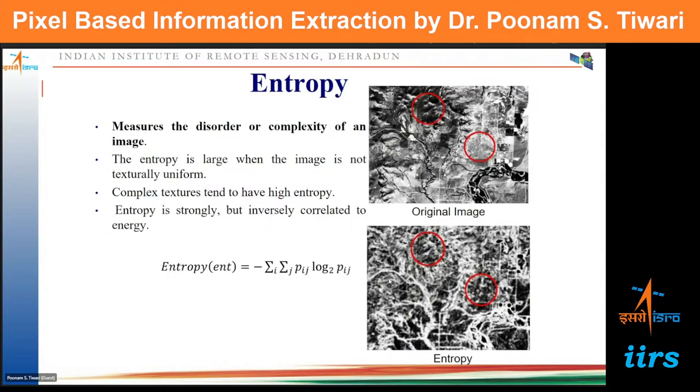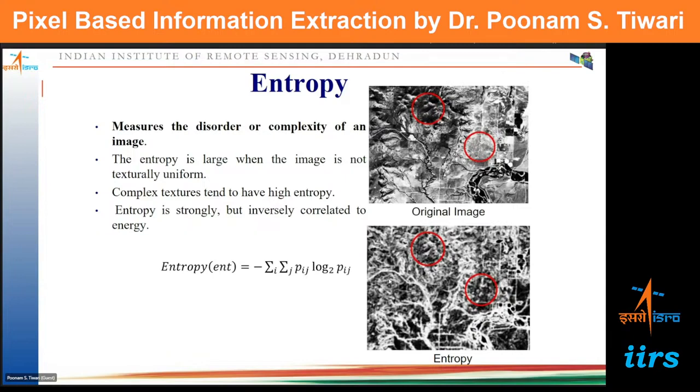Okay, then you have entropy. Entropy is the disorder, how much disorder is there or complexity of an image. If the entropy is large, that means the image is not texturally uniform. So complex textures tend to have high entropy. Entropy is inversely correlated to energy.